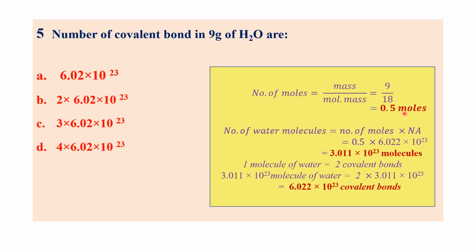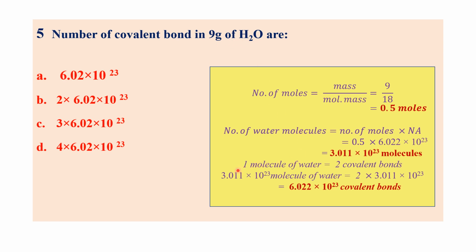Number of water molecules is equal to number of moles multiplied by Avogadro number, so 0.5 moles multiplied by Avogadro number gives 3.011 into 10 to the power 23 molecules. These molecules are present in 0.5 moles, which is equal to 9 gram of water.